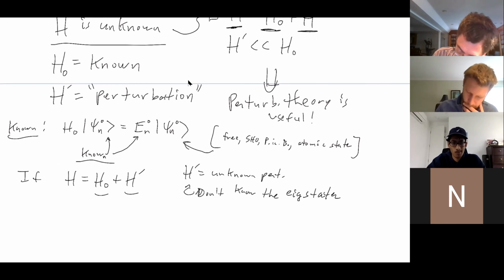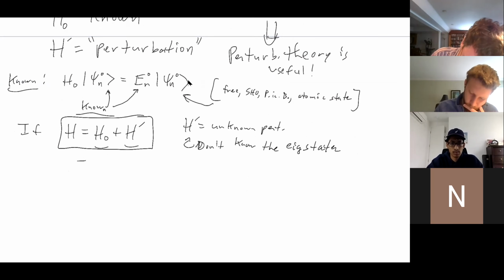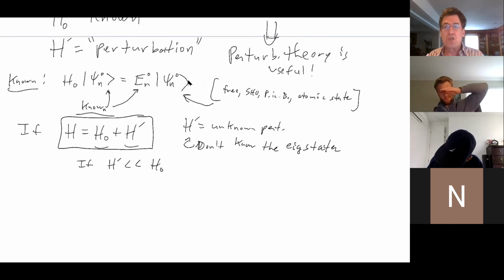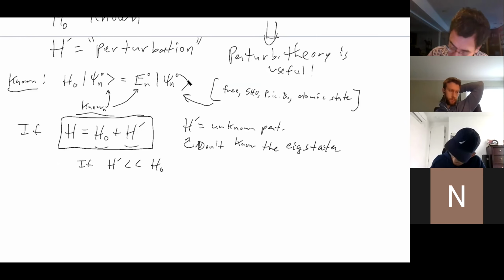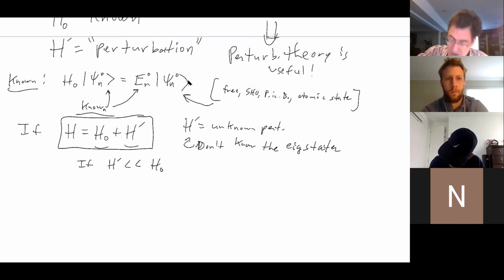If I can write my Hamiltonian like that, and if I know that H prime is small, then something useful happens, because I can consider the following picture.